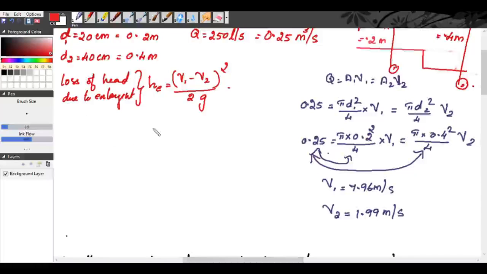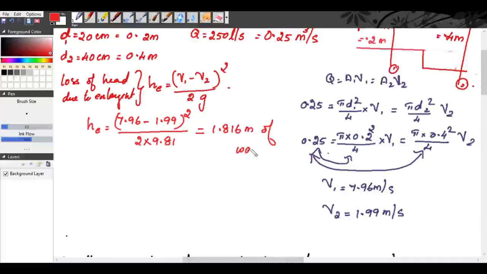We get head loss due to enlargement H is equal to V1 is 7.96 minus V2 is 1.99 the whole square divided by 2 into 9.81. So that is equal to 1.816 meter of water.